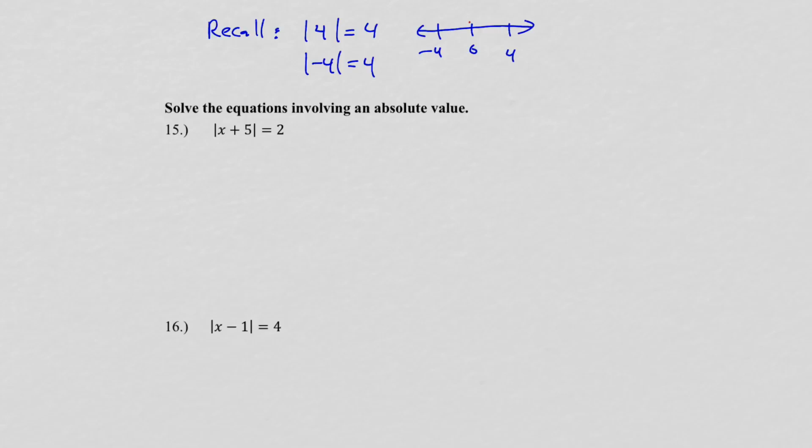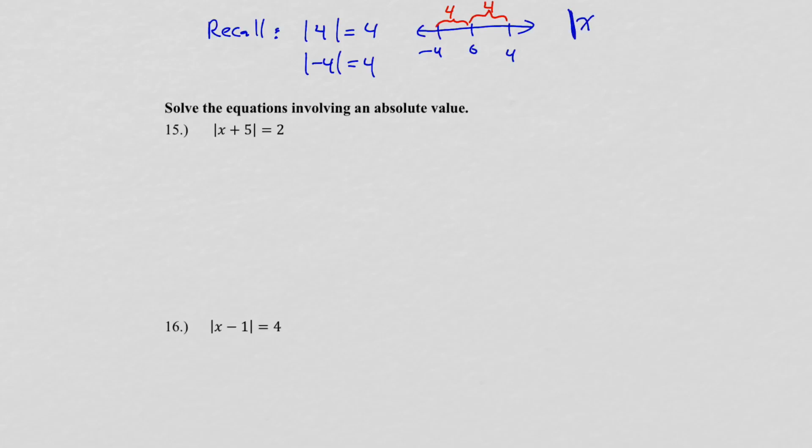So the distance from 0 of positive 4 is 4. And the distance over here, it doesn't matter if it's negative, the distance is still 4. Okay, distance is always positive. So in either case, the distance from 0 is 4. This is why you have this. Now, let's take a look at it in a different way.